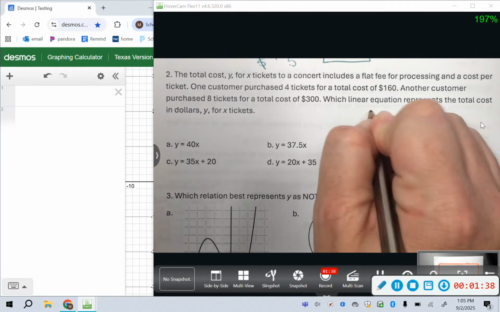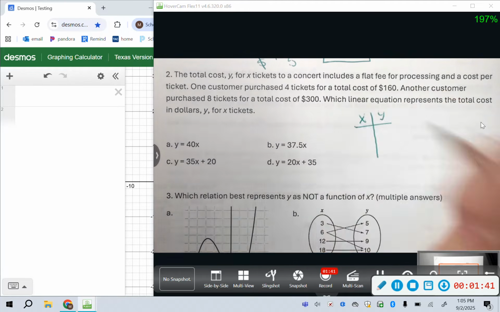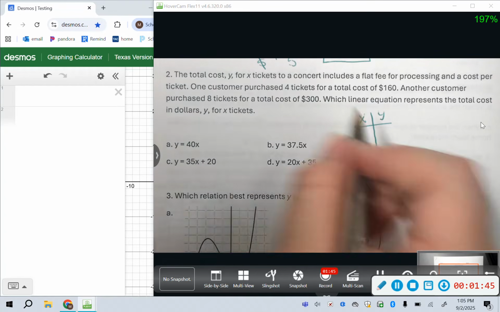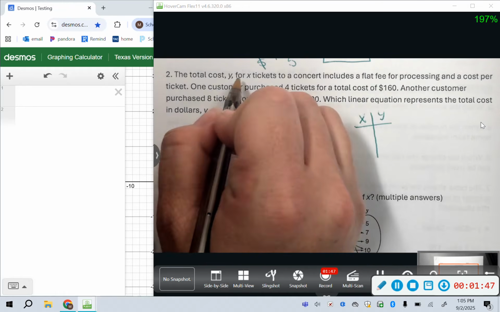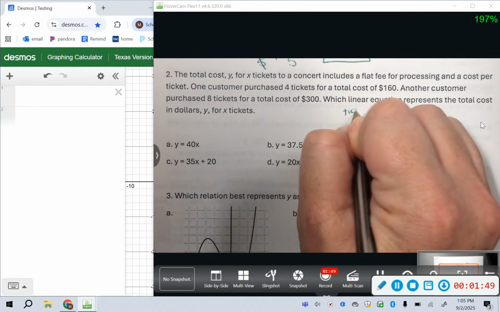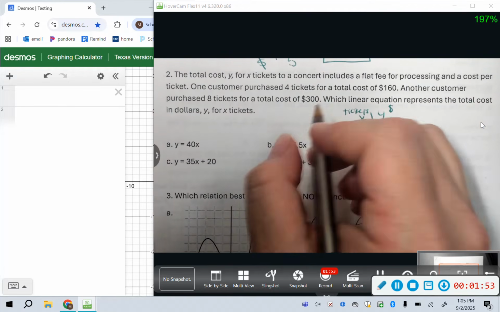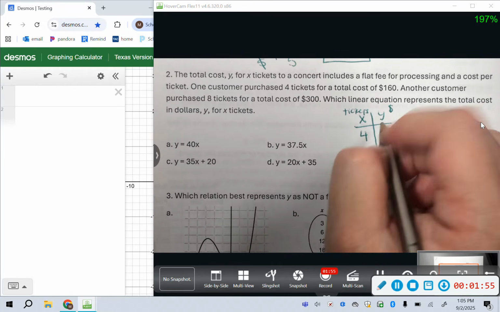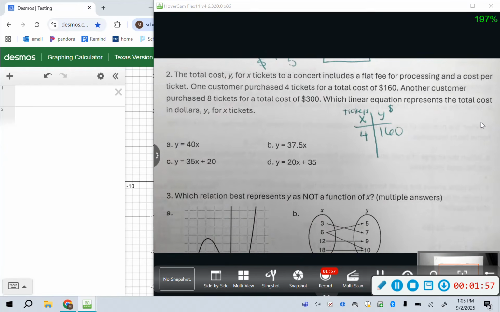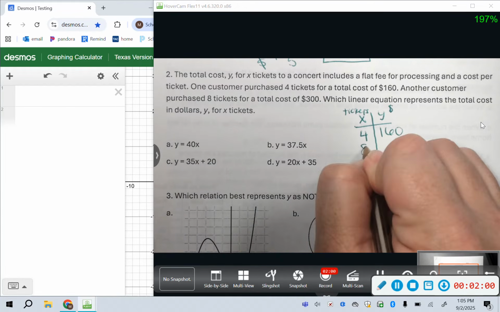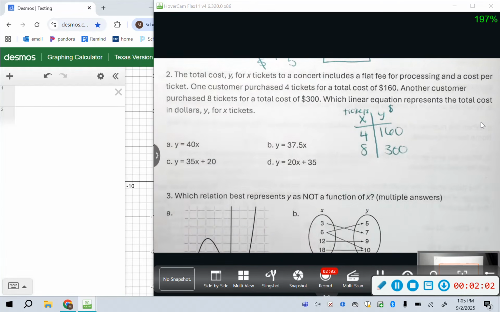So we're always going to build a table. Now, this does not say direct variation, so we cannot assume it varies directly. So we're going to plug in our points, and it tells me X is tickets, and Y is my total cost, so Y is my money. So for 4 tickets, I spend $160. And for 8 tickets, I spend $300.